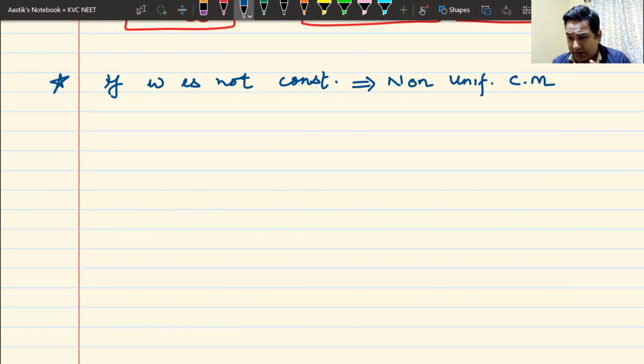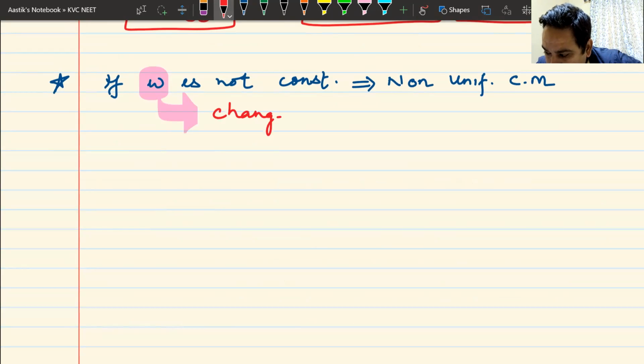Now, omega is not constant. That simply means that this omega is going to change.